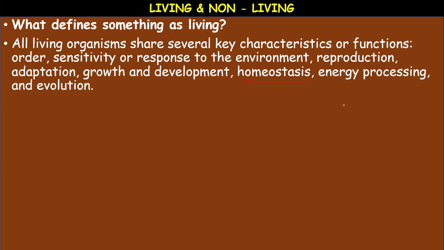Homeostasis means balance. We have our normal body temperature; to maintain homeostasis, any change in the temperature will lead to fever, which is unhealthy. So, homeostasis means balance. And energy processing, and finally evolution. All living organisms share these key characteristics.